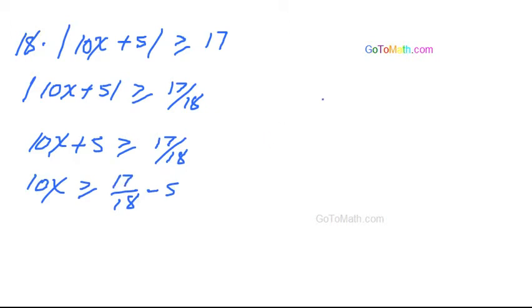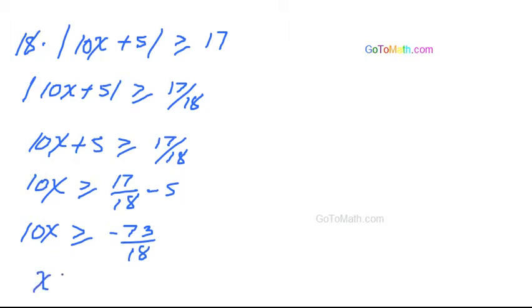And so now we have 17 over 18 minus 5, and I think we can figure out what that is. That's just negative 73 over 18.